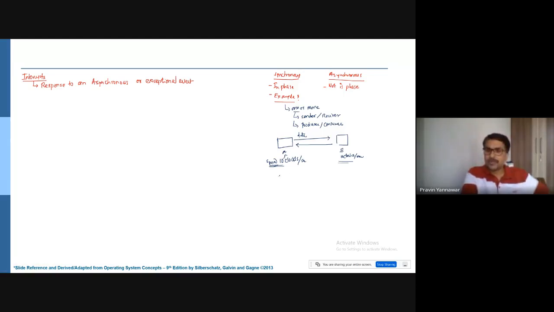Take the same case, but now A is operating at 10 clocks per second and B is operating at 5 clocks per second.